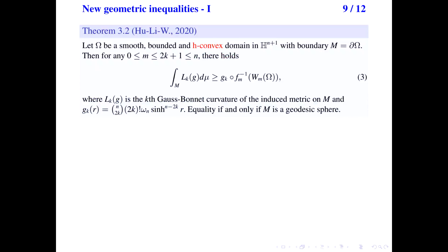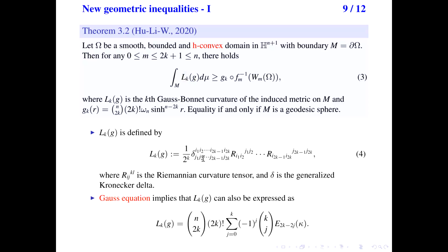This is the first inequality. For an h-convex bounded smooth domain Ω in the hyperbolic space, whose boundary is denoted by M, we can compare the integration of the Gauss-Bonnet curvature L_k^G of the boundary with the quermassintegral W_m. Here L_k^G is the k-th Gauss-Bonnet curvature, which is defined in terms of the Riemann curvature tensor of the induced metric on the hypersurface.